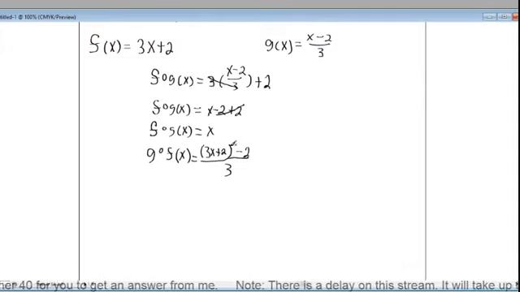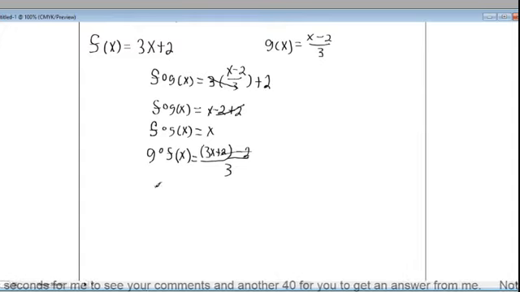Again, it's just good practice to do that, though, because anytime you plug in something for a variable, you need to have those parentheses just to make sure that you have the right operations going on. So if we ignore the parentheses here, we have 3x plus 2 minus 2. Well, that means that those are going to cancel. The plus 2 and the minus 2, they cancel.